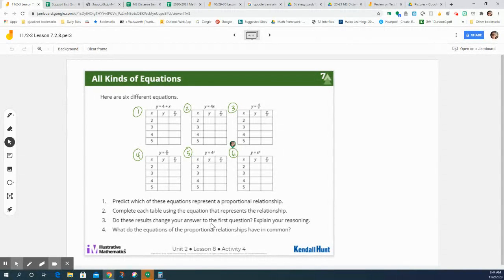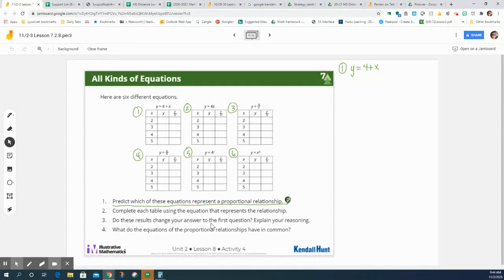Number 1 says y is equal to 4 plus x. Now, before we get started, the idea here is to predict which of these equations represents a proportional relationship.